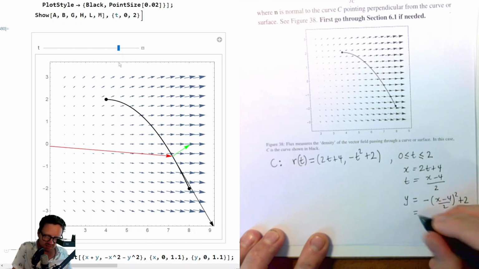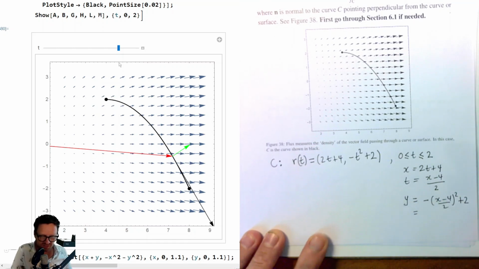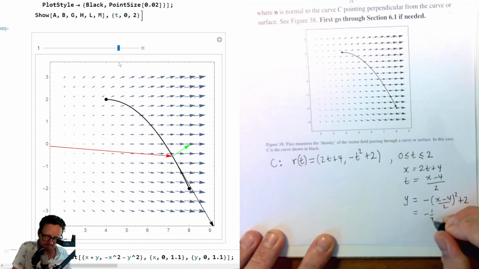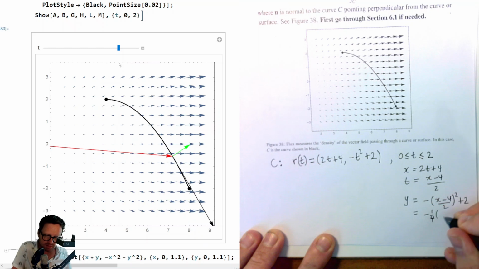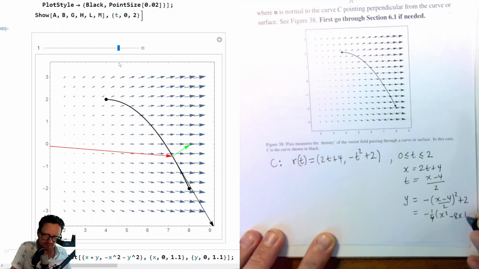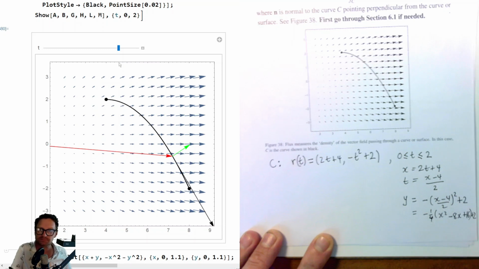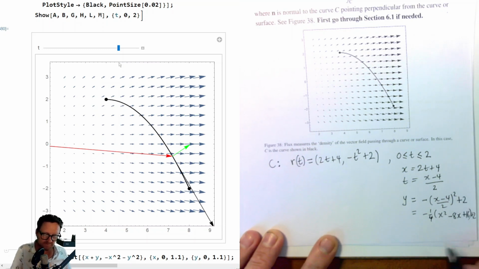So let's expand this so we can see that this is a quadratic relationship here. So we've got minus a quarter outside of x squared minus 8x plus 16 and then plus 2. Okay, and so if I expand that minus a quarter in, minus a quarter times 16 is minus 4. Minus 4 plus 2 is minus 2.